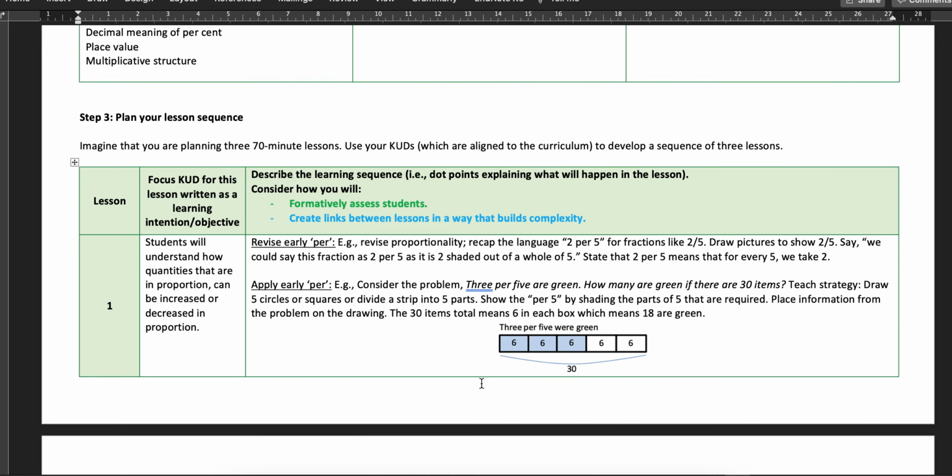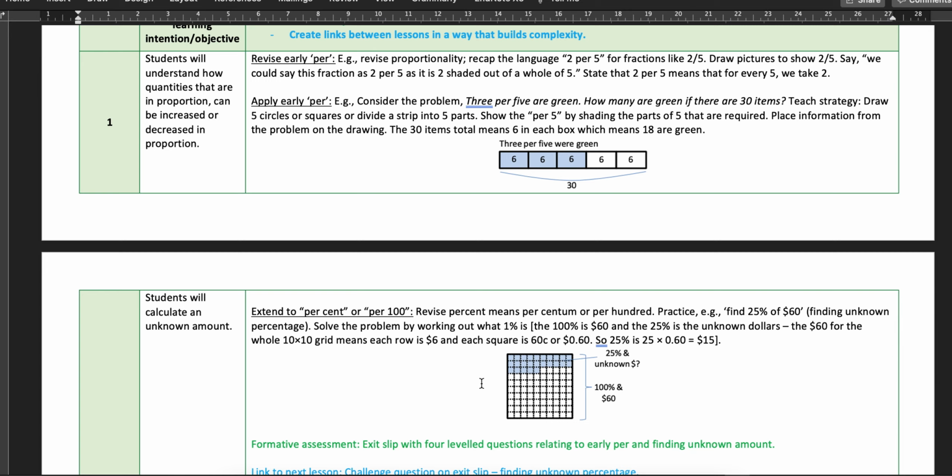After we've done that, I'm then going to extend students into thinking about percent. So I'll revise that percent means per centum or per hundred. And we'll practice finding an unknown amount. We'll teach them a strategy based on their knowledge that they have about proportions and some knowledge about multiplication to calculate an unknown amount.